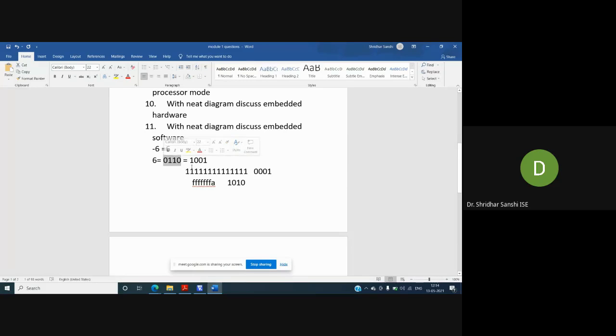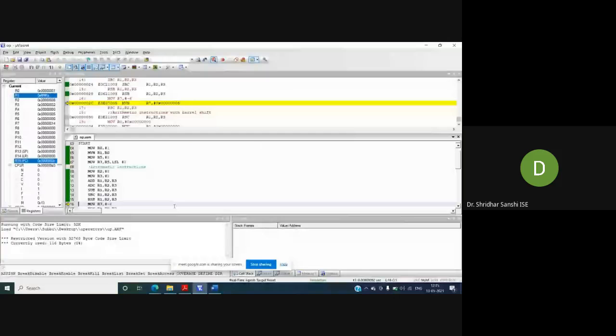Then negate the values, and after negating, you add 1. Whatever the result is, that will be your hexadecimal value. Fine. Any doubt here? You can see here the result is 7 Fs followed by A.